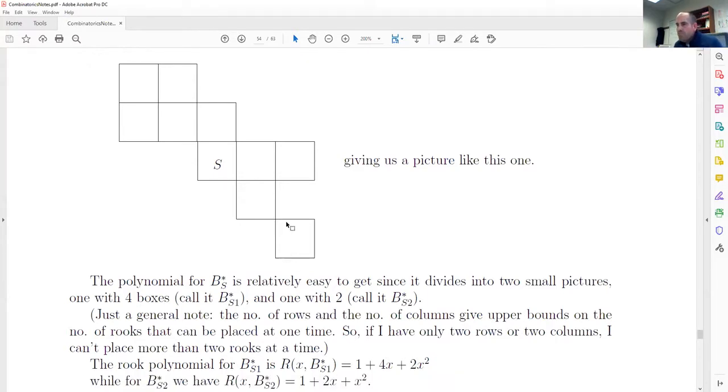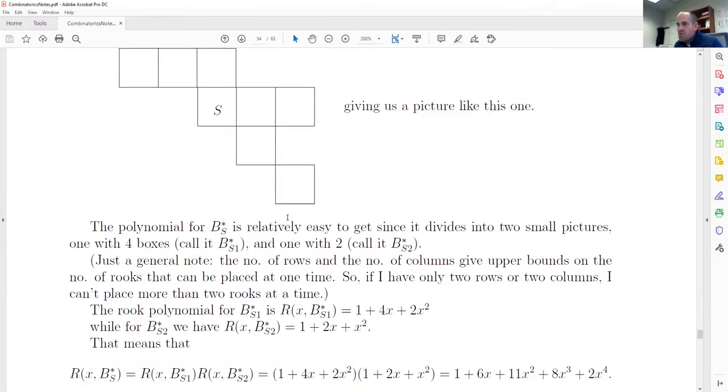Okay, so like I say right here, just a general note, the number of rows and the number of columns always give upper bounds on the number of rooks that can be placed at one time, right? So if I have only 2 rows or 2 columns, I can't place more than 2 rooks at a time. That's sort of obvious.